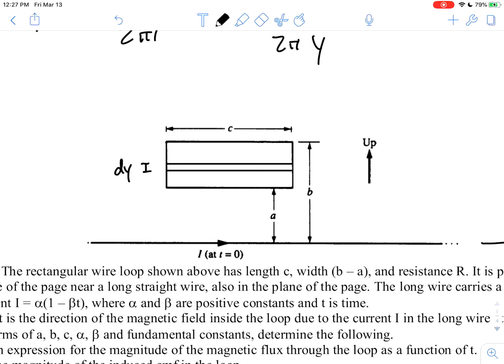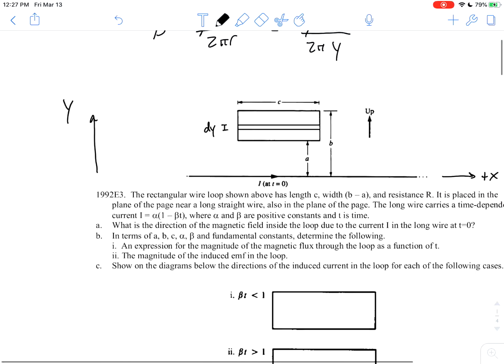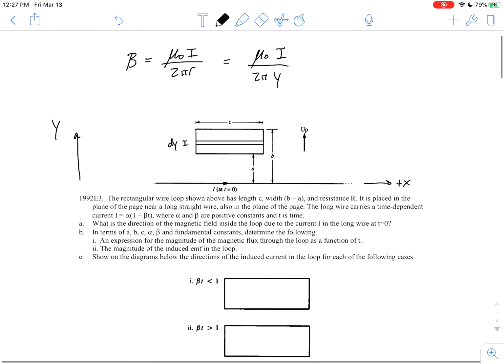So I'm just going to give them all the same length in the x direction, and then each one is going to have a height of dy. So now I can rewrite the area of that rectangle, which is length times width, I'm sorry, it should be dA. dA is equal to c times dy.